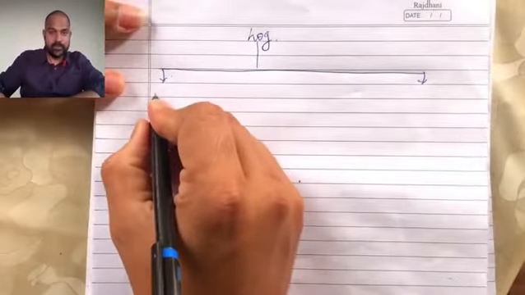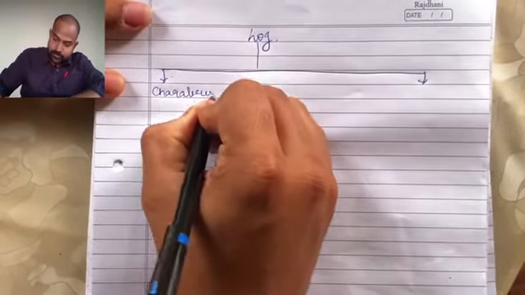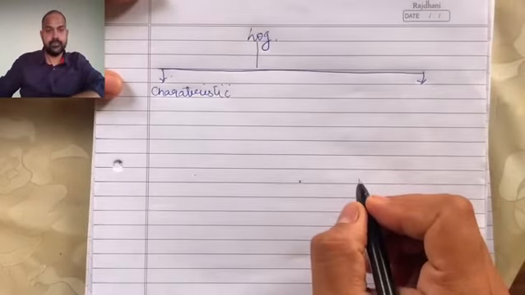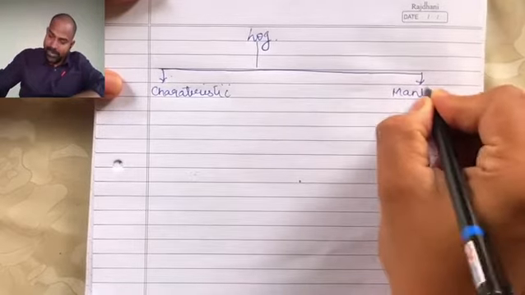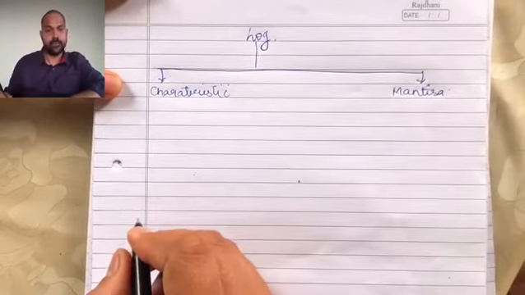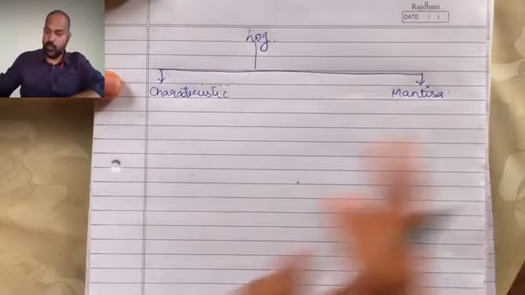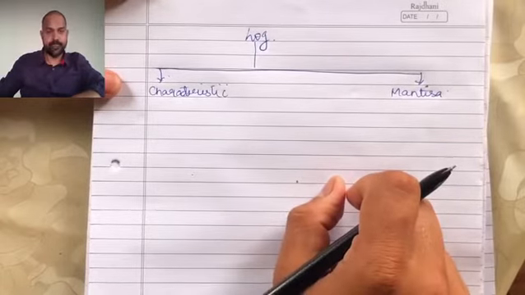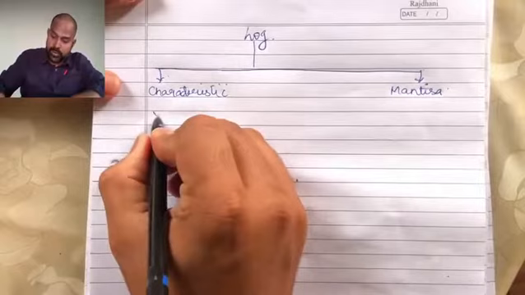One part is called the characteristic, and the other part is called the mantissa. The characteristic, you decide.